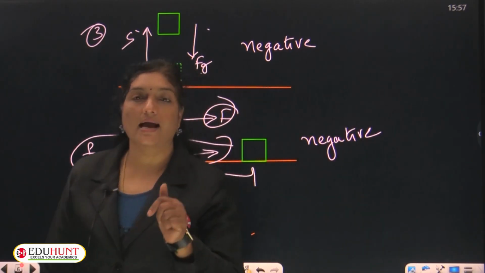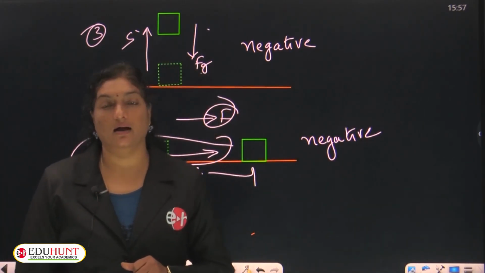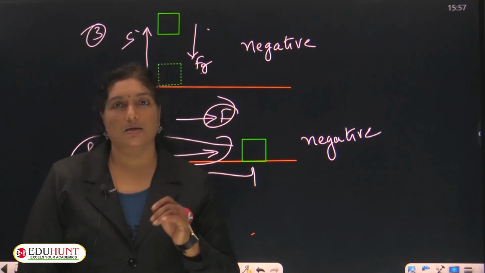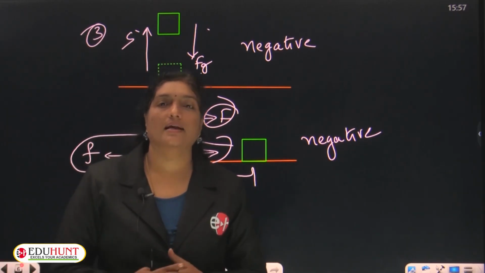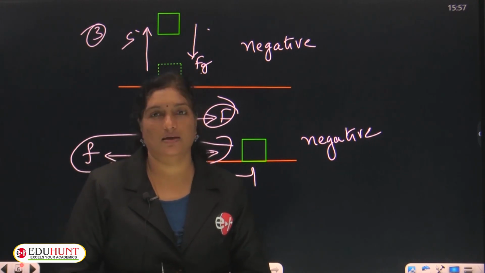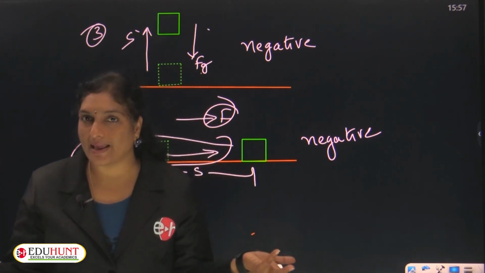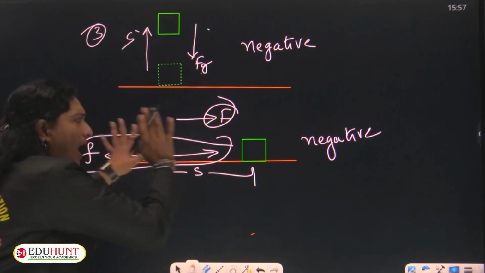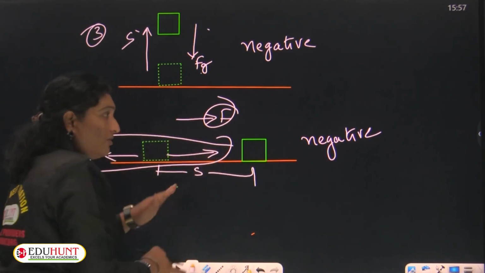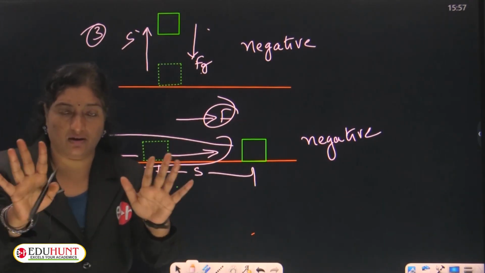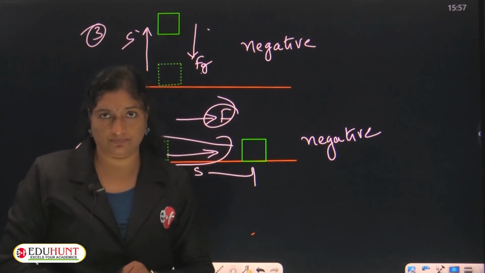Now let us understand in detail regarding zero work done. So when is a body said to have zero work done? However hard you pull the wall, you can't ever displace the wall.